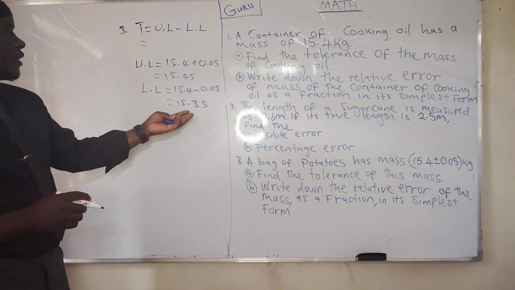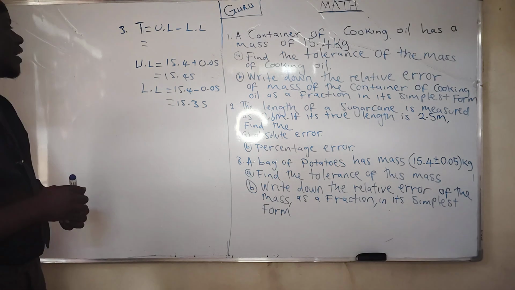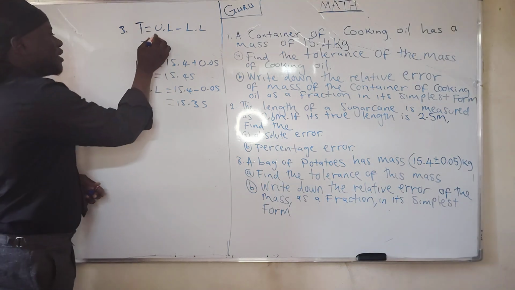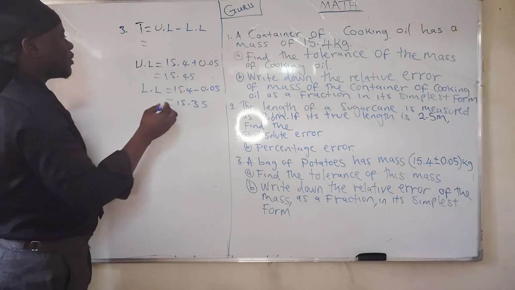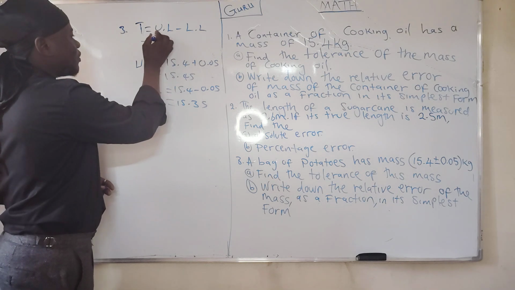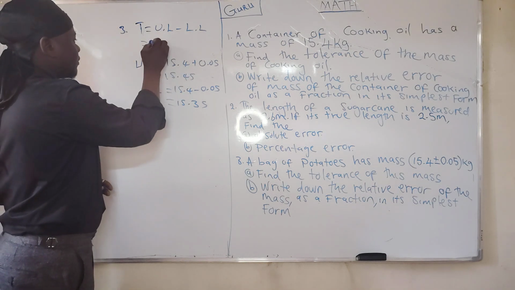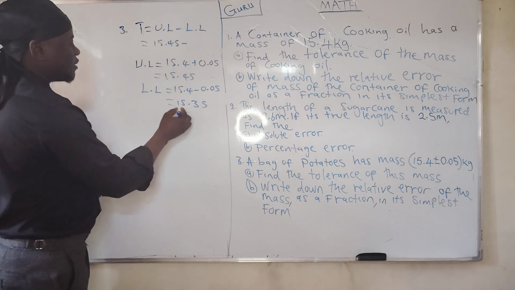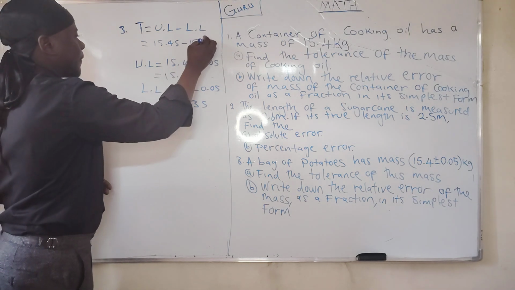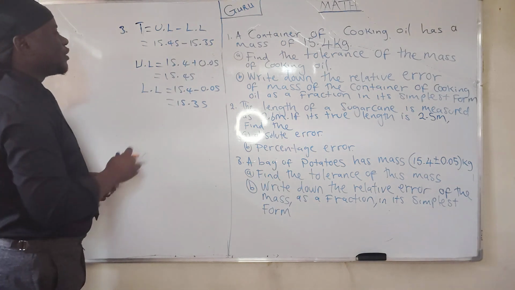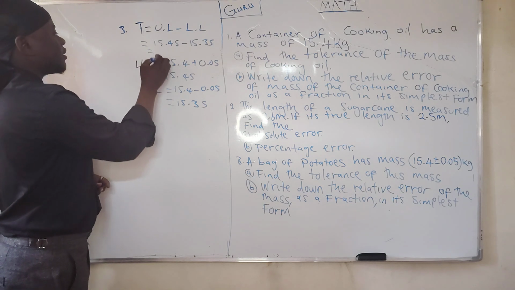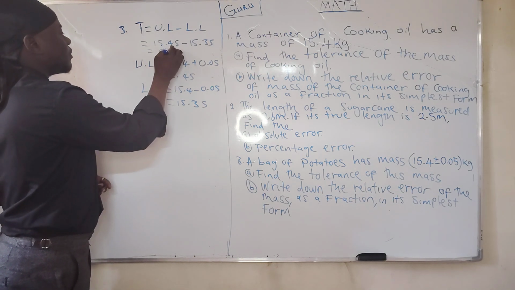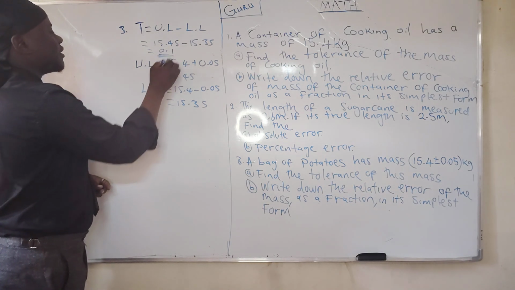So that's your lower limit. Go back now to tolerance. Tolerance, we said the upper limit minus the lower limit. Upper limit is this one, minus lower limit is this one. So here when you subtract, you end up getting what? 0.1. That's your tolerance.